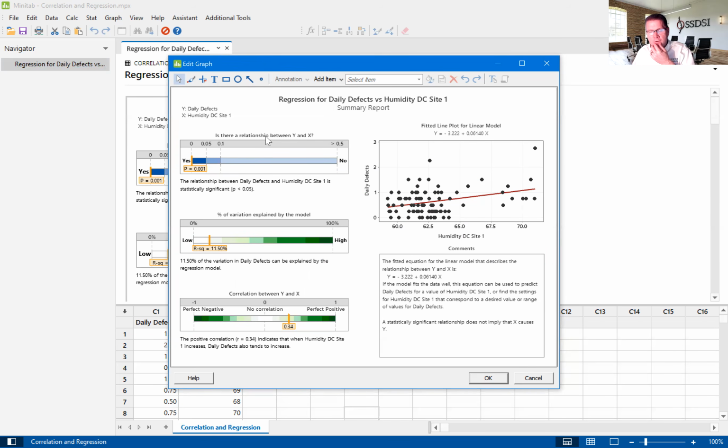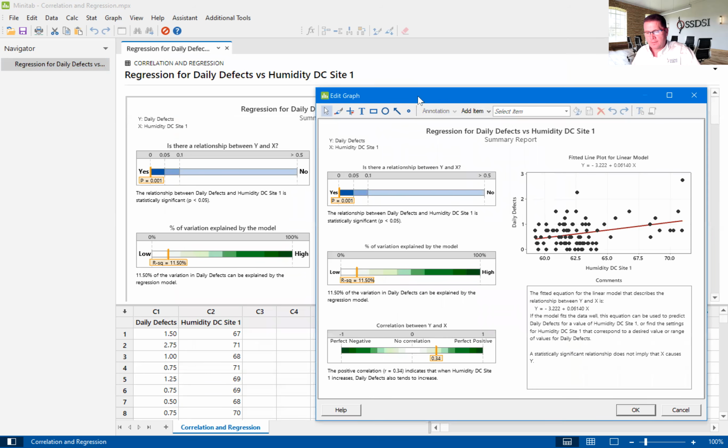And our R squared is basically telling you, and here's a good script, that 11.50% of the variation in daily defects can be explained by the regression model. Now, there's only one other variable in our model, and that's humidity at DC site 1.